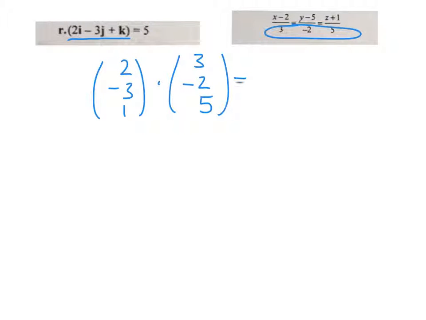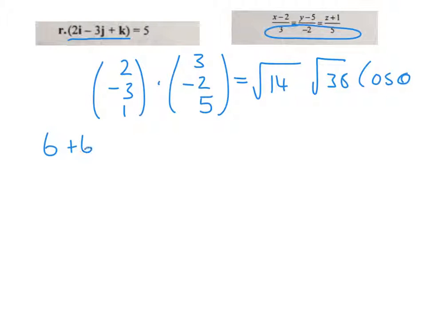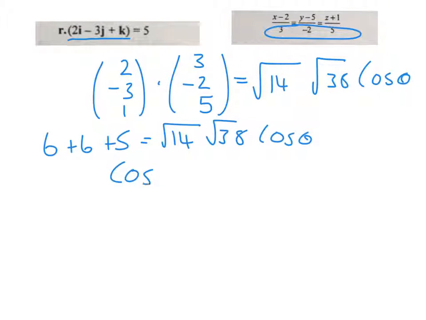If we do our dot product, then we have to have the magnitude of the first, so that's the square root of 4 plus 9 plus 1, 14, times the square root of 9 plus 4 plus 25, 38, times cosine of the angle between. Right hand side becomes 6 plus 6 plus 5 equals root 14, root 38 cosine theta. So the cosine of theta is 17 over root 14, root 38.